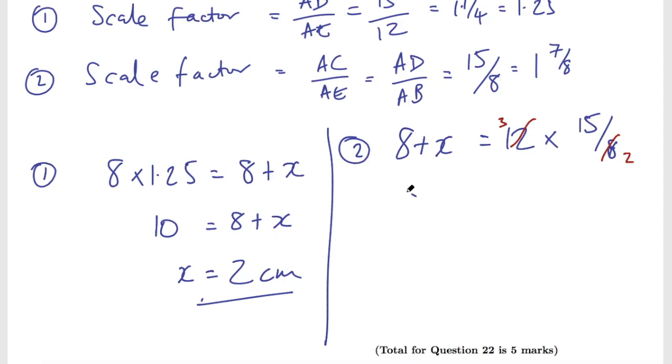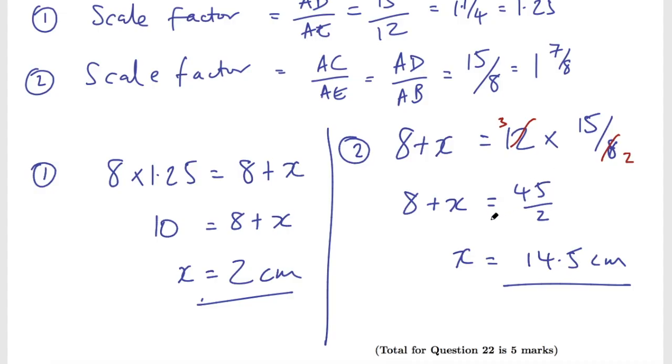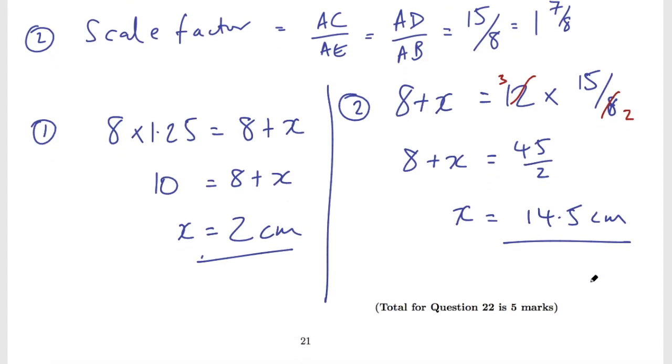Okay, so we've got 8 plus x equal to 45 on 2, and then x equals 22.5 minus 8, which is 14.5. Okay, so the two possible answers for x are 2 centimeters and 14.5 centimeters.